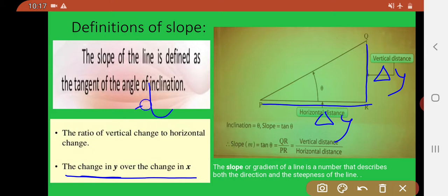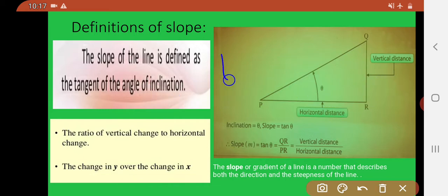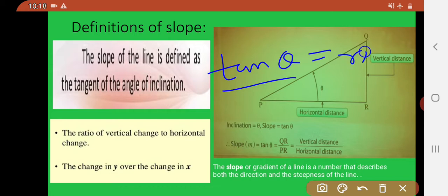So tan theta is the change in y by change in x, also you can say. And you know that this tan theta value gives a number, means a real number.